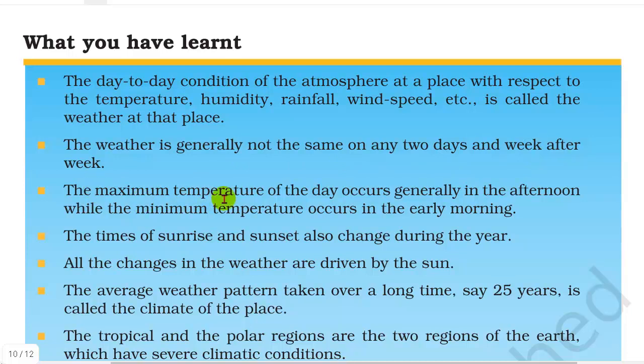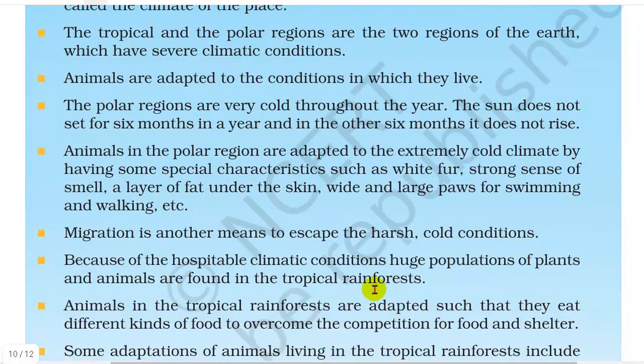The maximum temperature of the day occurs generally in the afternoon, while the minimum temperature occurs in the early morning. The times of sunrise and sunset also change during the year. All the changes in the weather are driven by the sun. The average weather pattern taken over a long time, say 25 years, is called the climate of the place.